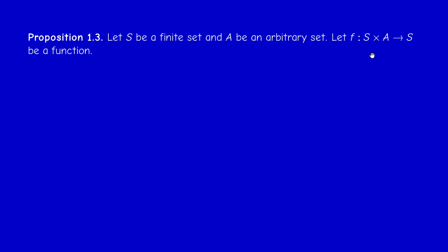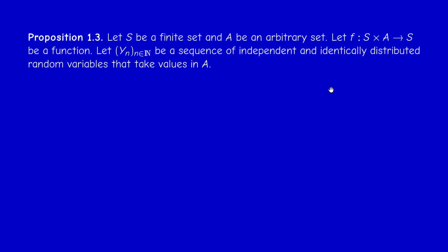So measurability, if you like, is just something trivial. And suppose that we have an IID sequence Yn that takes values in A. For example, think of A to be 0, 1 and Yn to be uniformly distributed on 0, 1.